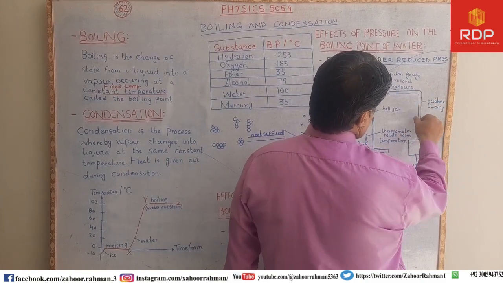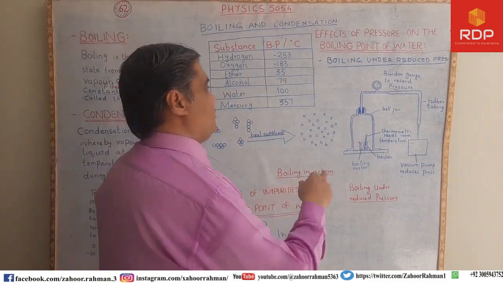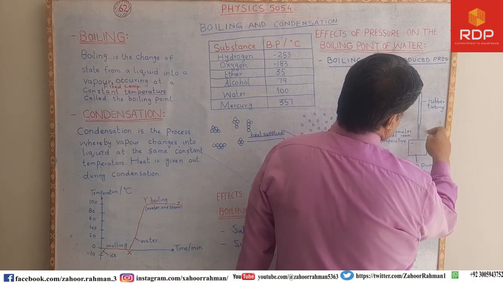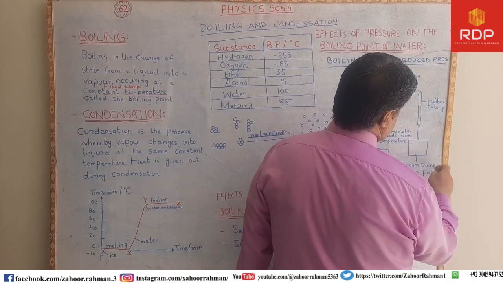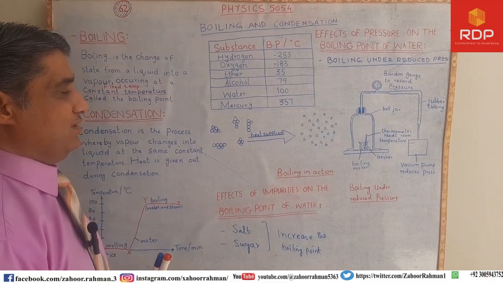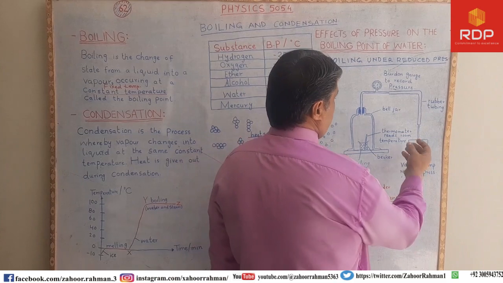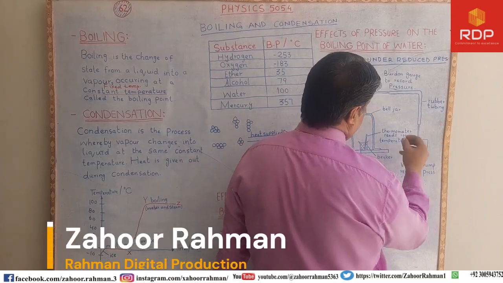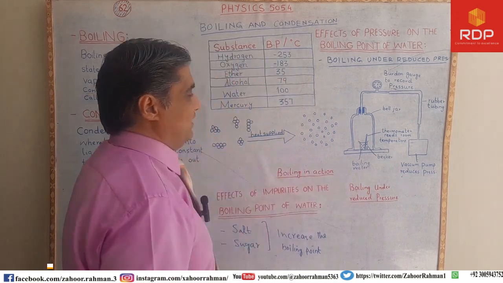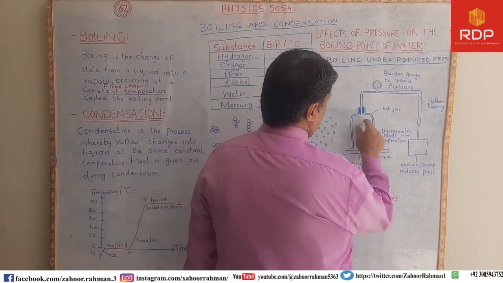One side of it is connected to this gauge and the other side is connected to a vacuum pump. What the vacuum pump is actually doing is dragging air out. So when it is dragging air, the pressure will be reduced inside this jar.